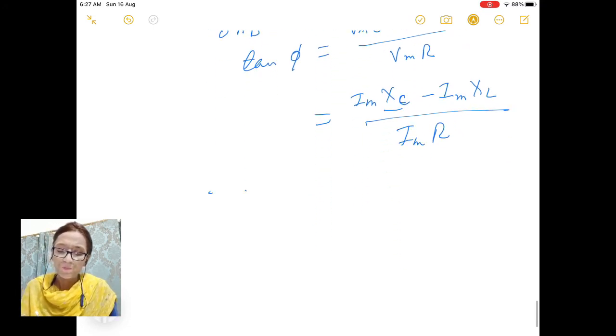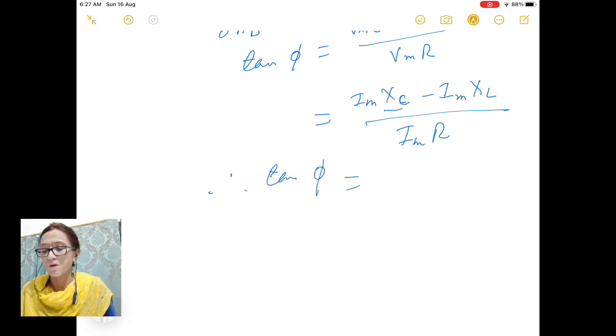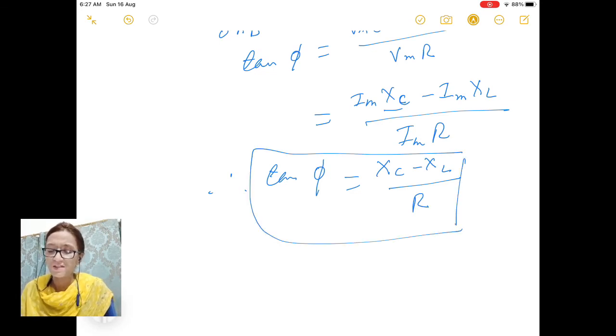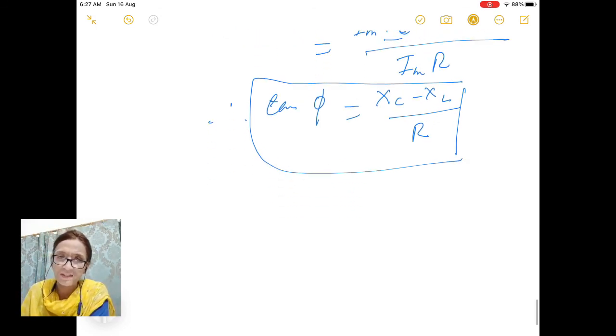Therefore tan phi becomes equal to, on cancelling Im from numerator and denominator, XC minus XL upon R. So this is the phase, and I have already obtained the current amplitude, so you can now find the instantaneous current.